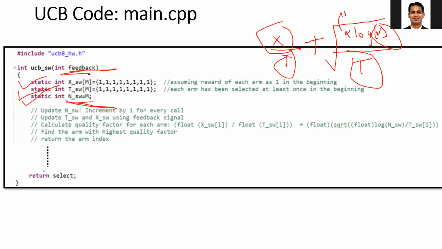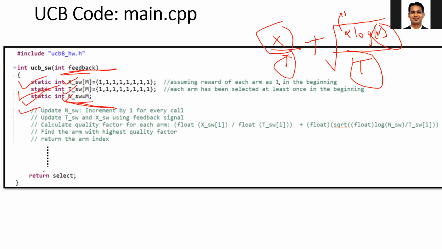So once you receive the feedback from the main.cpp, you need to update the software XSW, TSW, and NSW. NSW is the number of time slots. So whenever you get a call to this, you will increment NSW by 1. That's the only thing.